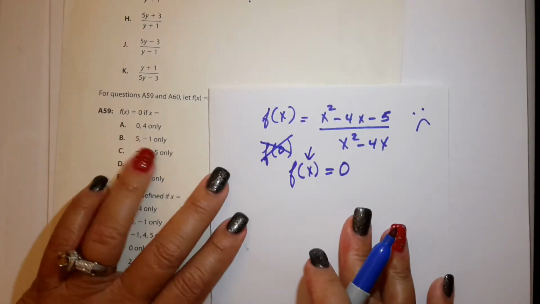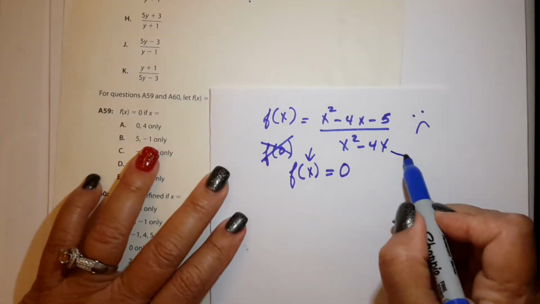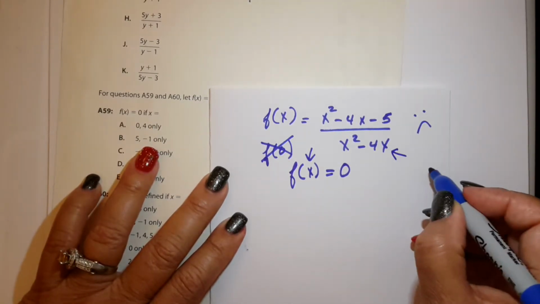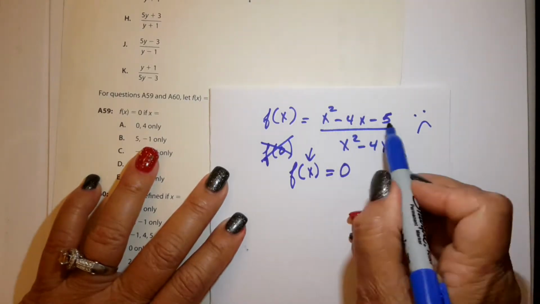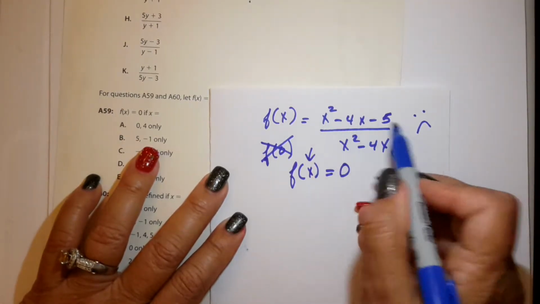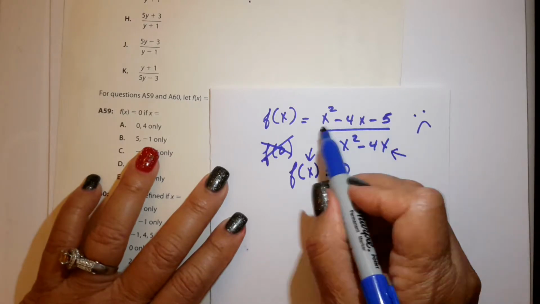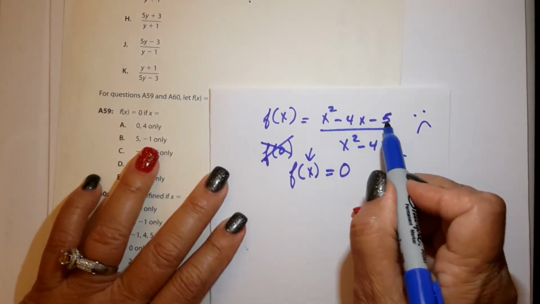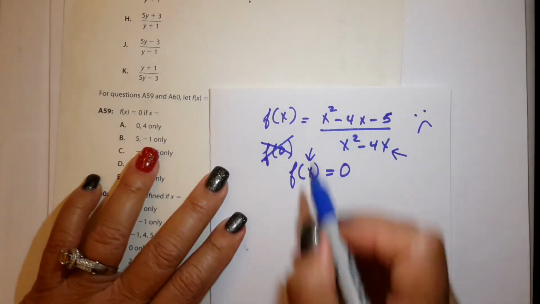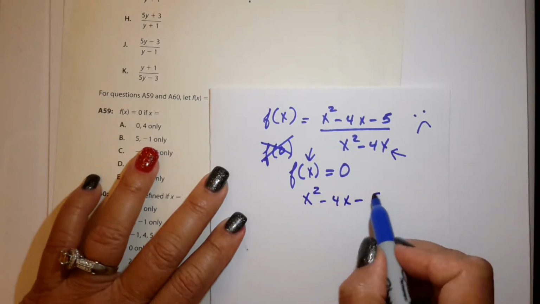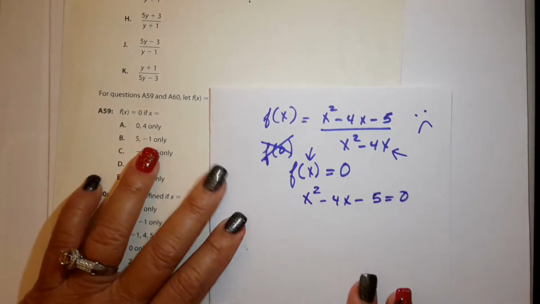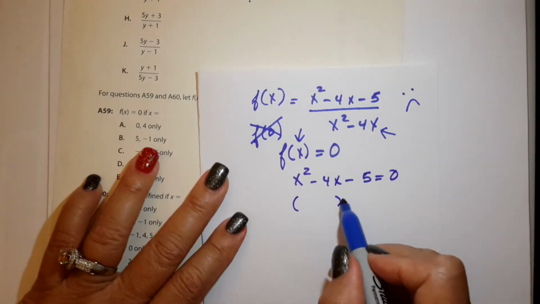The first thing to remember is that the denominator can never be 0. So you're only going to be working with the numerator. What values of x will make this 0? Let's work with the top: x squared minus 4x minus 5 equals 0. I'm looking for that x, so I'm going to factorize this.